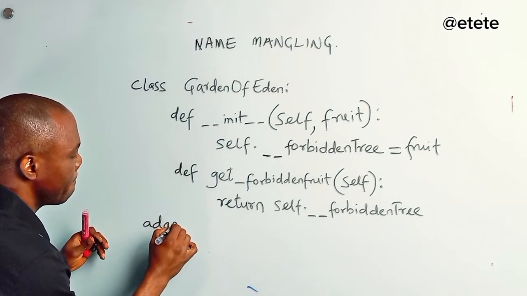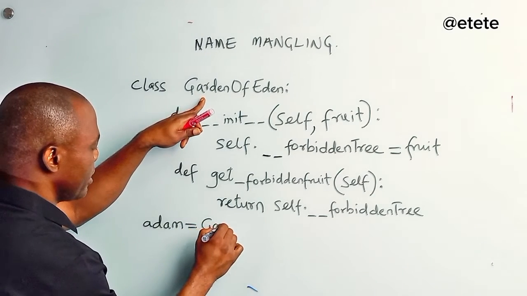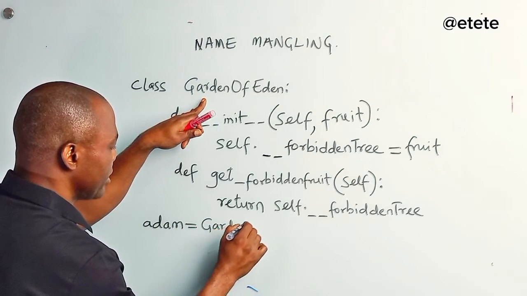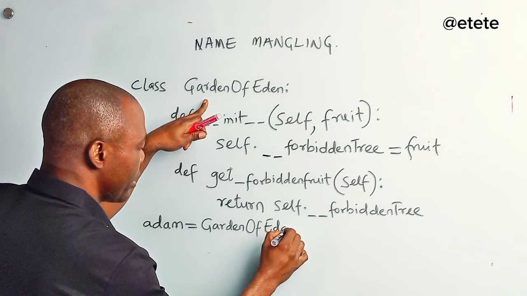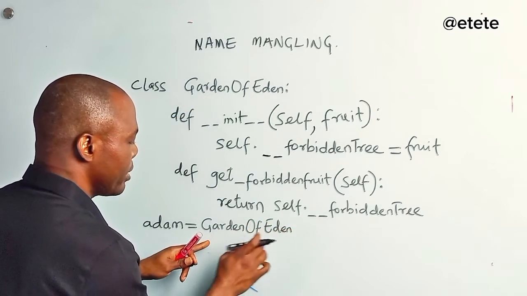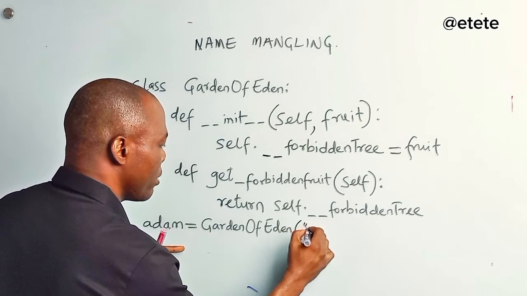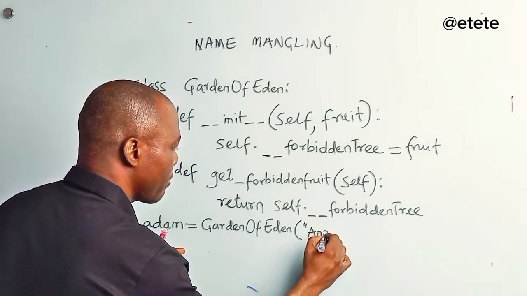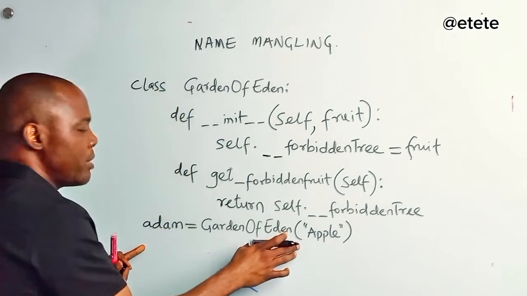Say Adam, right? And I'll create garden of, can see the way I am naming this, right? It's just a convention. Then here I will supply the apple, right, to it. So the class has been instantiated.